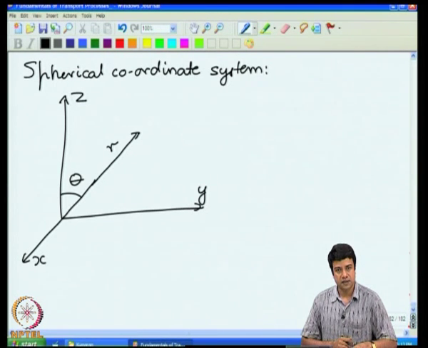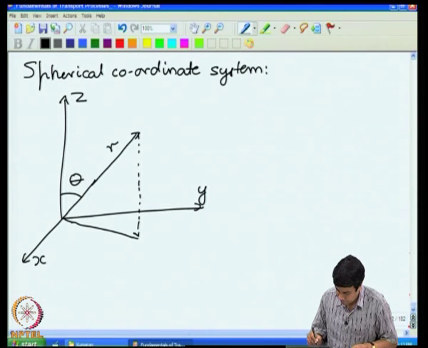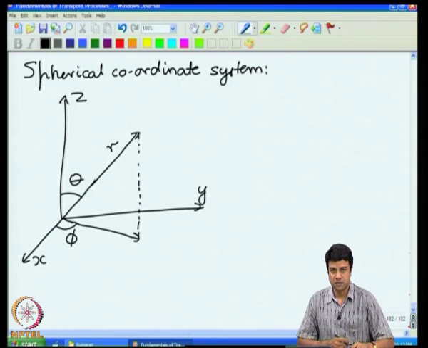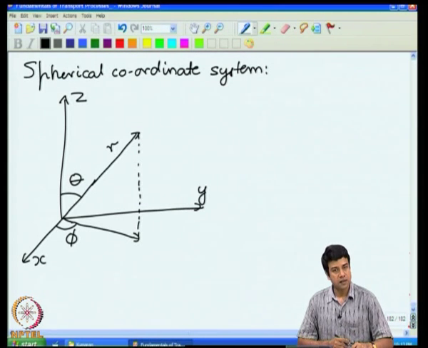There is a third coordinate which is also an angle, that is what is called the coordinate phi. If I take the projection of the radius vector onto the xy plane, the angle that it makes with the x axis is phi.